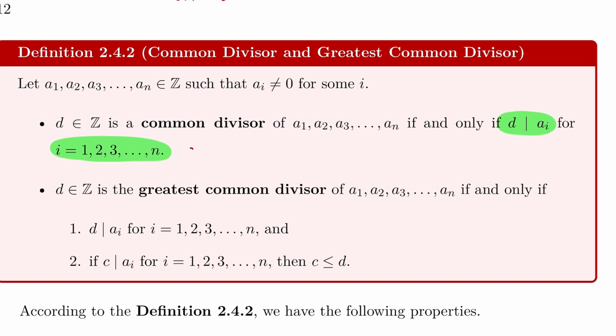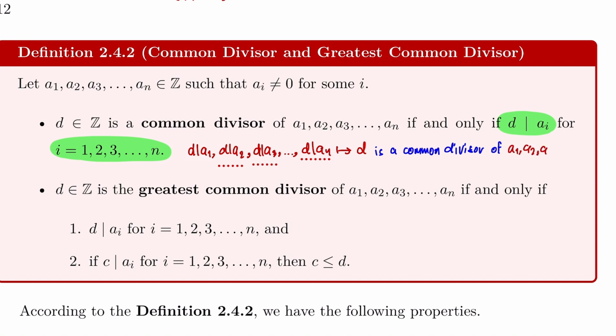Okay, so if you have D divides a1, D divides a2, D divides a3, and all the way to the last one, D divides an, that means that D is a common divisor of a1, a2, a3, all the way to an.